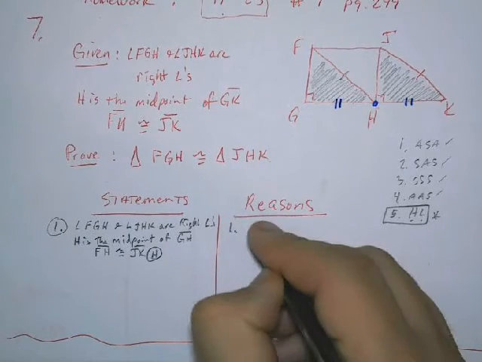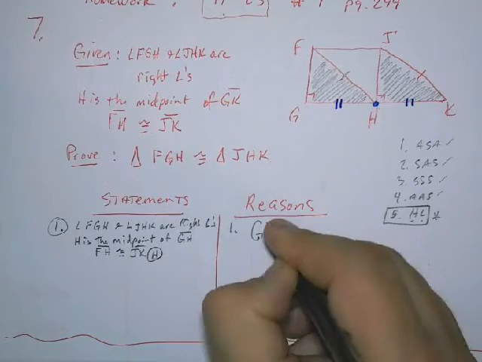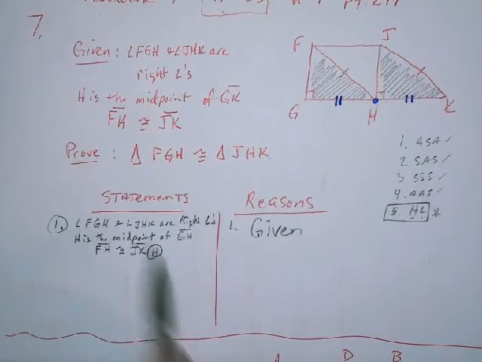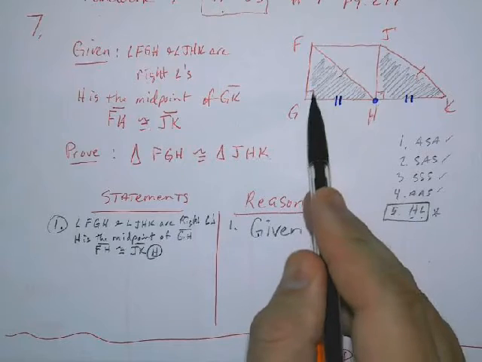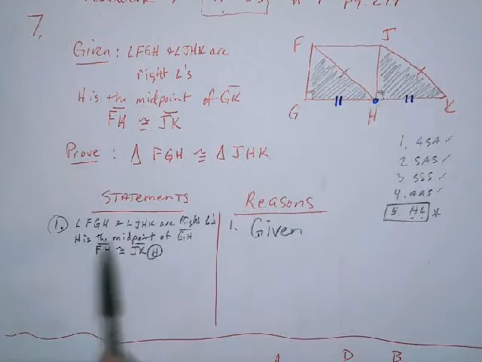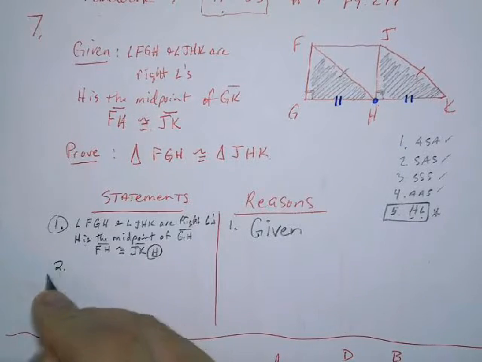All right, so all that, big 3 steps, is given info. All right, well, right angle just means there's nothing really we need to do with that. That just tells us that these are right triangles. H is the midpoint. Well, I did make those markings, but we got to put it in a proof. What's that mean?